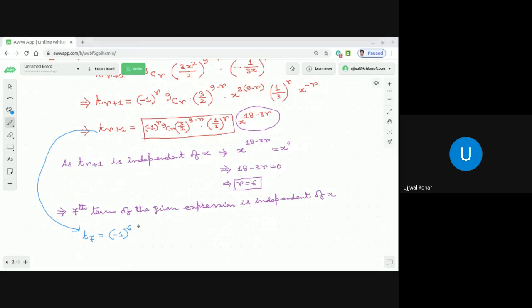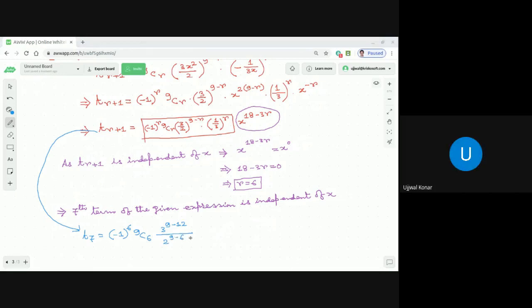Into 9C6, into 3^(9−r), and here there is one 3^r, so 3^(9−2r), no? So 3^(9−12), as 2r is 12, divided by 2^(9−6).